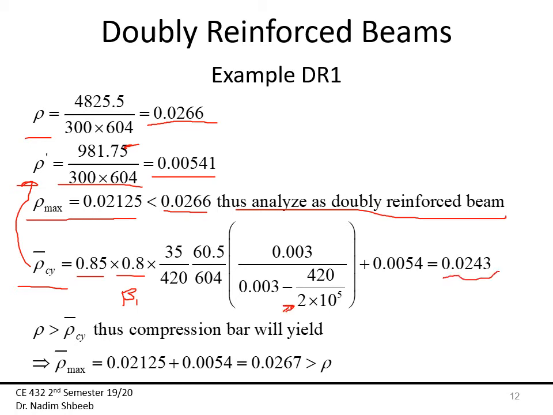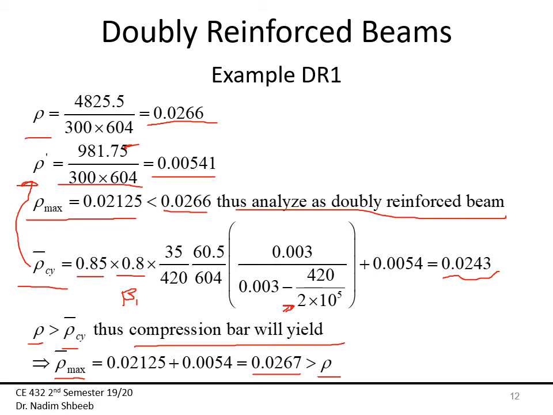And this is giving me 0.024. Since rho, which is my 0.0266, is larger than rho cy, then the compression bar will yield. A check on rho max bar: this is equal to 0.0215 plus 0.0054, which is 0.0267, which is larger than rho. As you can see, it's not larger by that much.